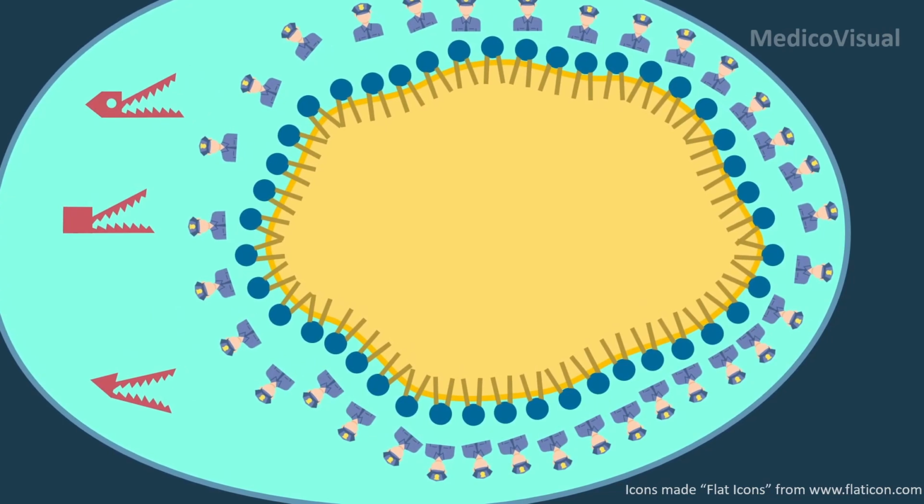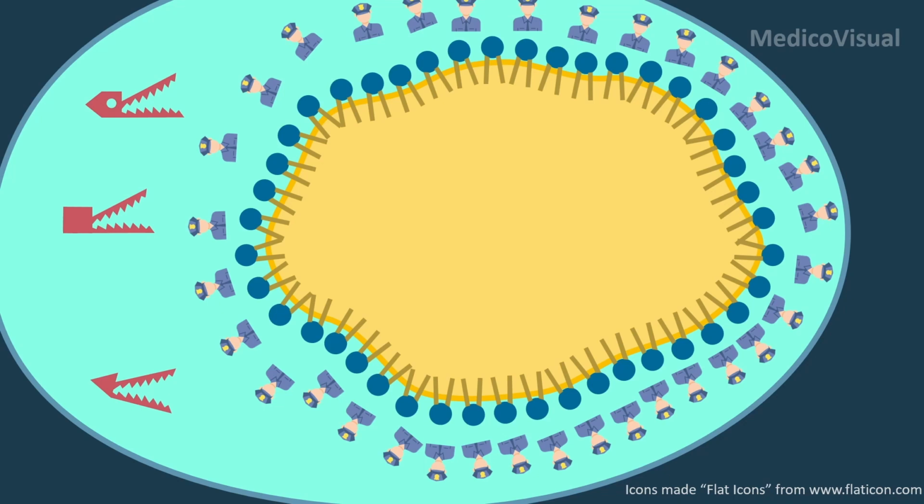As this happens, if the number of these guards, these perilipins, remains the same, do you think the same number of perilipins will be able to guard this larger and larger lipid droplet?